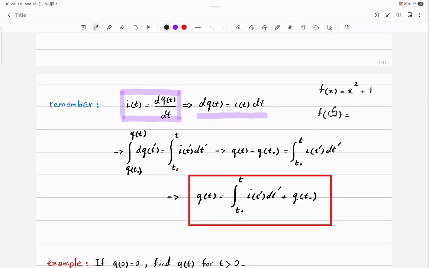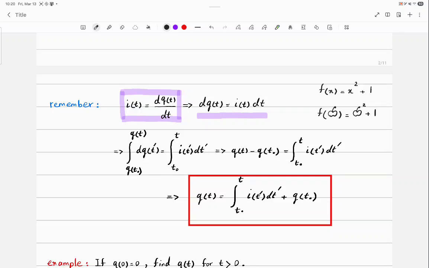But the t at the upper bound is some number that you plug in. So I just want to discriminate between them. I want to tell you that these two are different. I may use tau, I may use x, I may use t prime, okay? So nothing to be worried about. I've seen many people use t, okay? It's not exactly right, but many people do it too. Did that clear things up? So it's nothing to worry about. Is it a cherry or an apple, whatever that is?